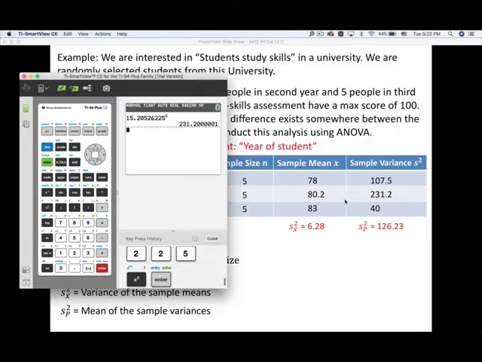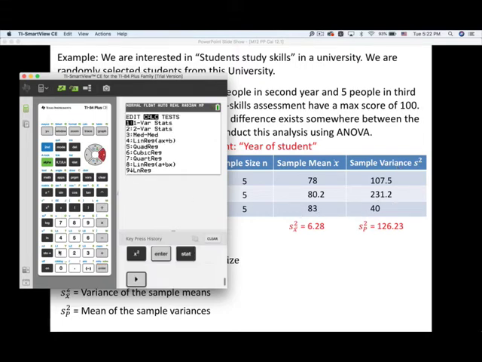Okay, you're going to see 231.2, that will be my sample variance. Same idea for the L3 here. So 83 will be the sample mean.